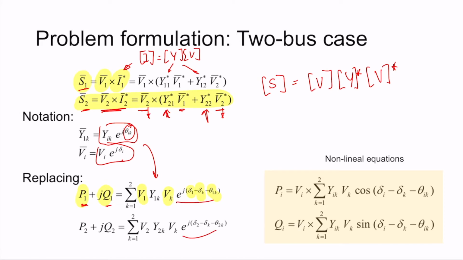If I'm using Euler's identity, I can have some explicit formulas for active power and reactive power. So in this formula, this is just values, this is the module, and this is cosine, and those are phase angles, and this is the angle related to the element ik of the admittance matrix.